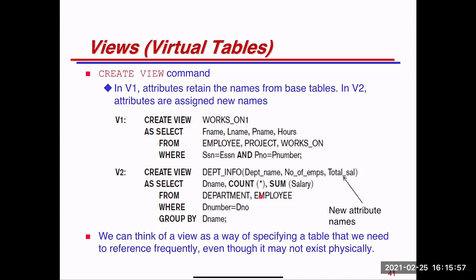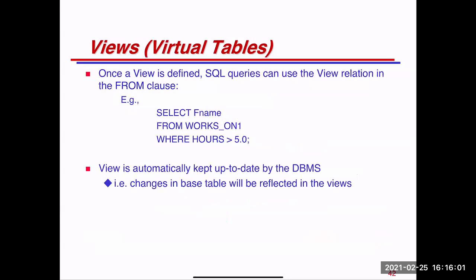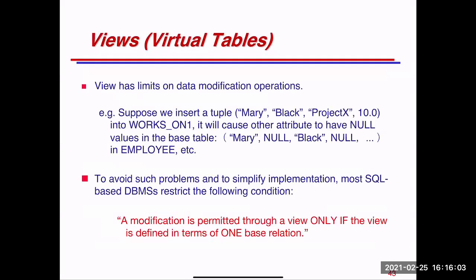This one is defined by 2 and this one even by 3. So just keep that in mind when we try to update data in views directly. What I'm talking about here is that we can add or modify data in the views and not just in the base relations.